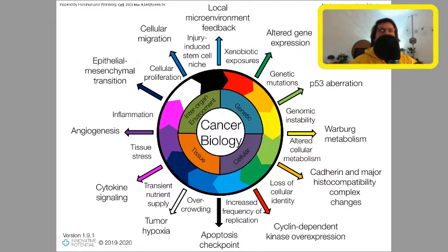And at that point, you start to change the cellular identity. What this means is, and this is tied into cadherin and major histocompatibility complex changes, this is the idea. All normal cells have a certain identity associated with them. They freely express it. It's like they wear little name tags that are protein structures expressed on the surface of the cell.